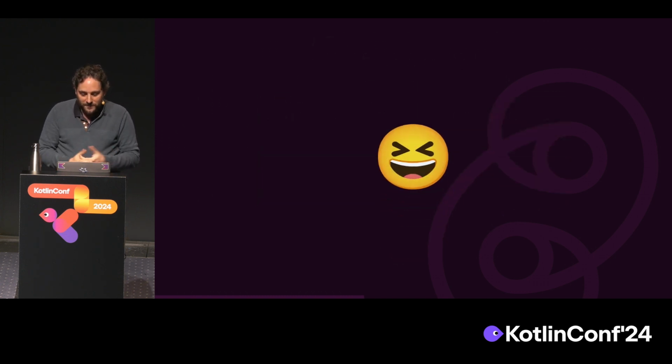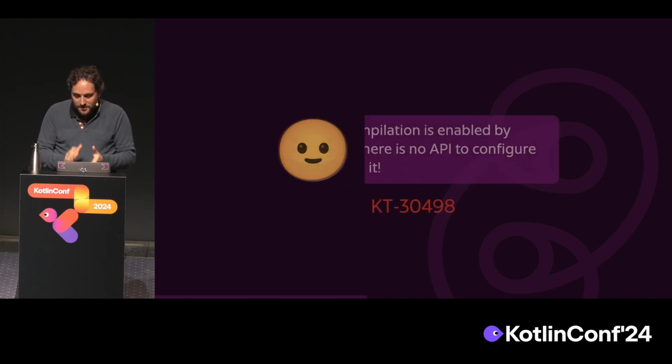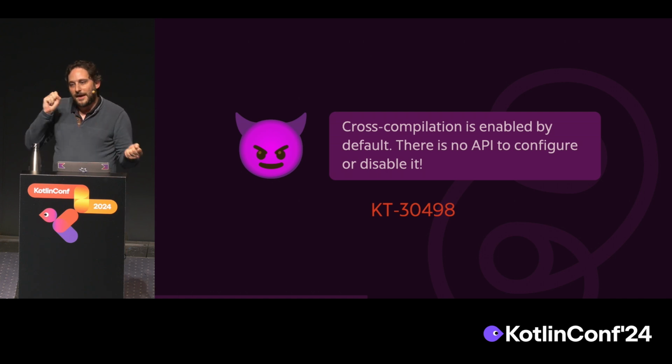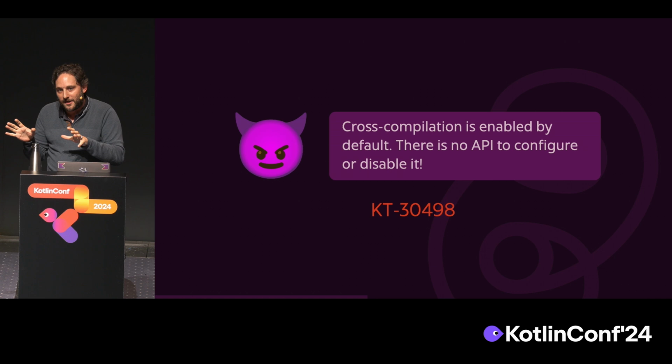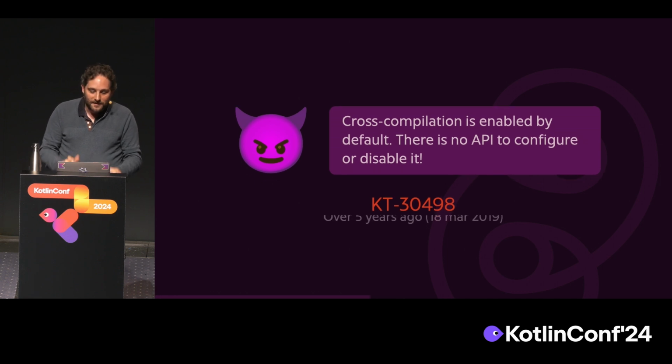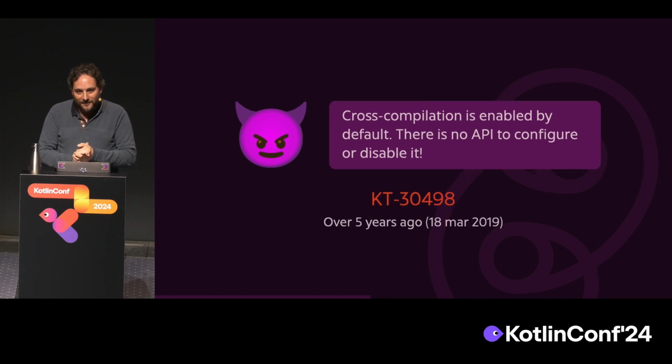So, what to do? Well, it turns out cross-compilation is enabled by default, and there's no API to configure or disable it. And if you're going to link with a Linux dynamic library, then suddenly cross-compilation will not work anymore, and it will be very complicated to make it work. This issue has been there for 5 years, and there's still no proper API to disable cross-compilation.